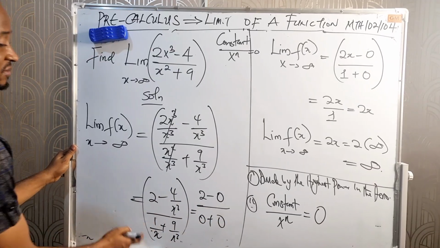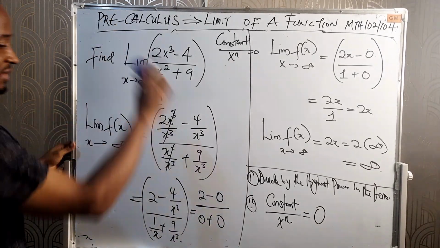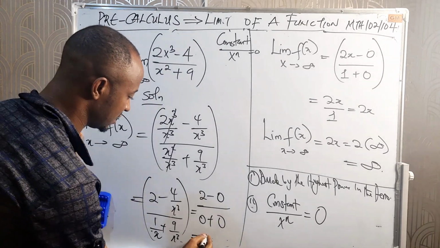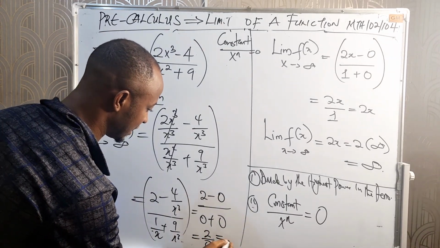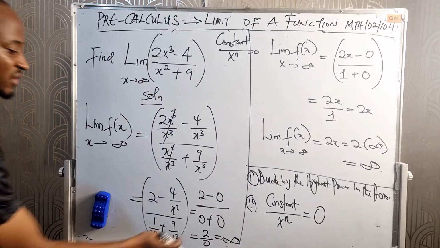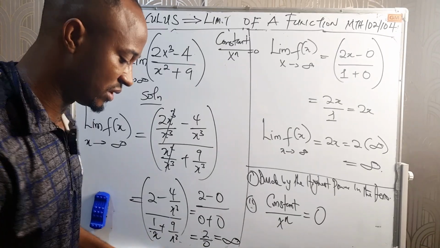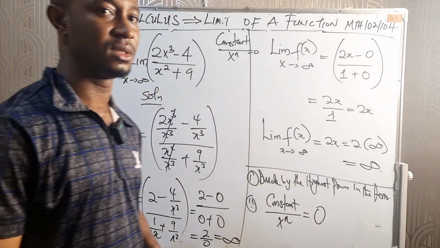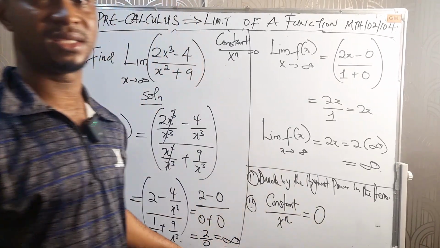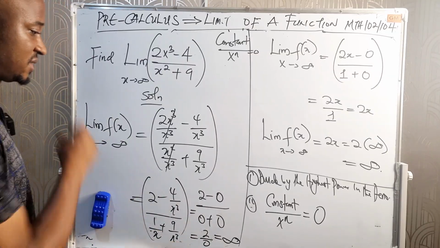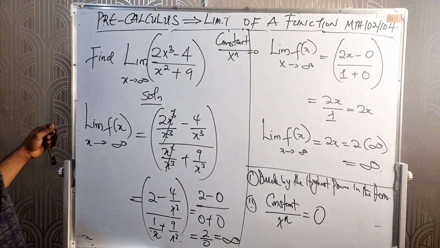These two are now 0, I hope you are aware. So since they are 0, this will give us 2 over 0. 2 over 0 is the same as infinity. If you punch a calculator to find 2 over 0, you're going to have an undefined result, meaning positive infinity. Please take notes.